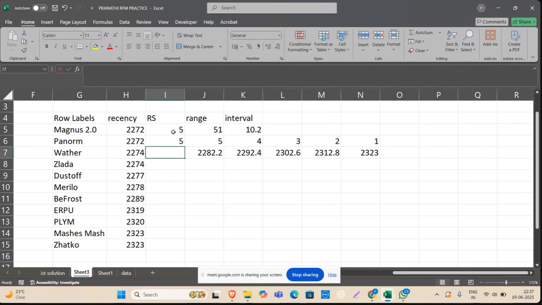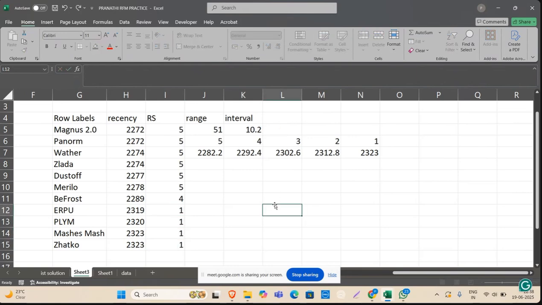This also 5, 5, 5, 5, 5. This is greater than 2282, so it comes in between 2282 and 2292, so it will be scored as 4. And then 2319 comes in between 2312 and 2323, so it will be rated as 1.